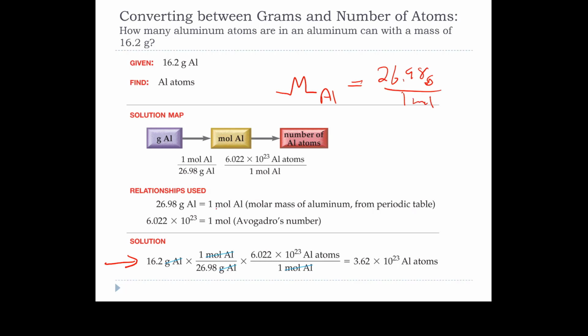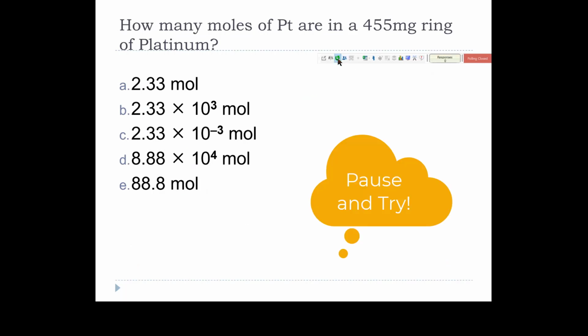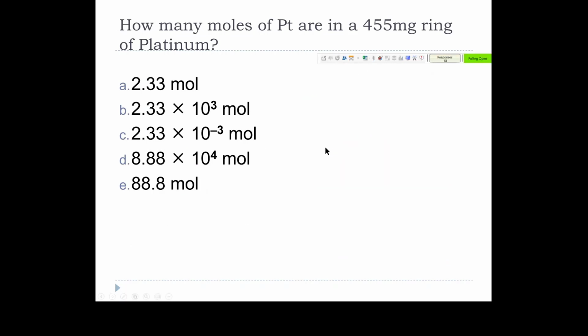All right, so we've done that. We've gotten this conversion. Now if we want to go to atoms, we use Avogadro's number. We can get rid of moles by multiplying by 6.022 times 10 to the 23. And so we can see 16.2 grams of aluminum is just a little bit more than half a mole. All right, so you solve this one for me. Oh yeah, we should see how we did here, I guess, right?